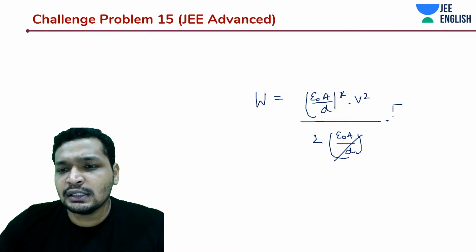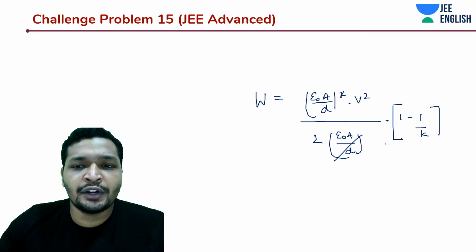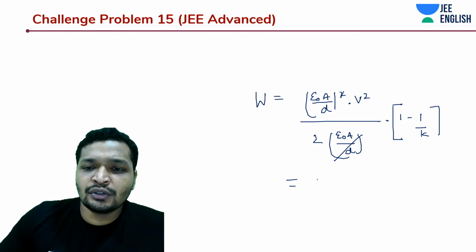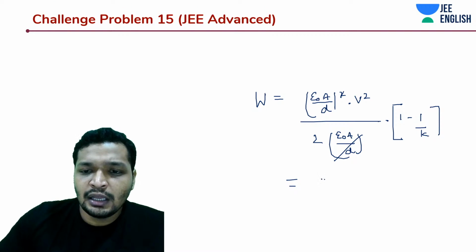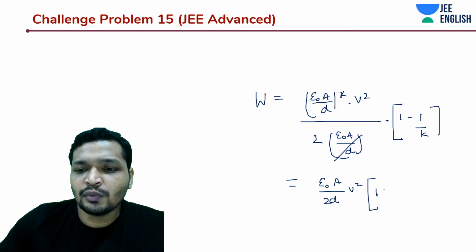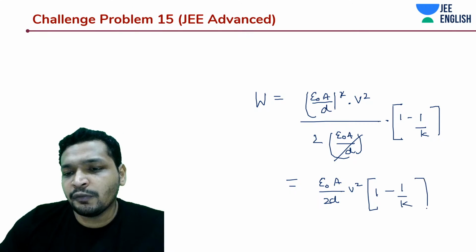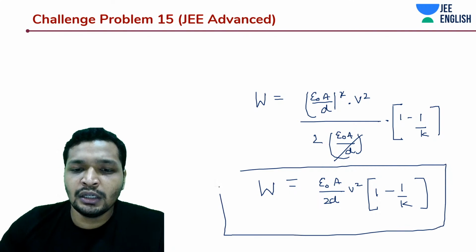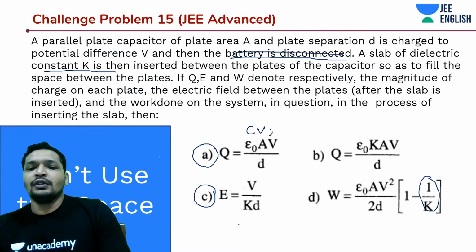We discussed this concept in depth with some amazing simulation, students. You can check it out later. And this is going to be epsilon naught A by 2D into V square into 1 minus 1 by K. Once you understood it, it is fine, but you should not do the entire thing in your exam. This is just for you.